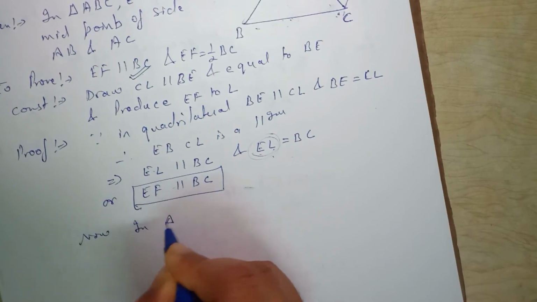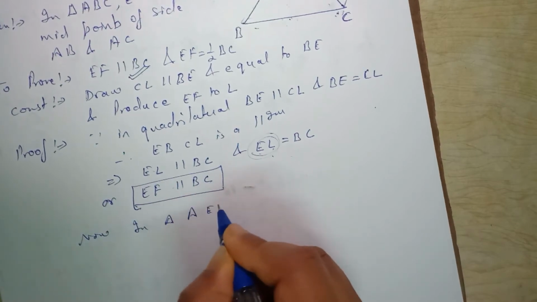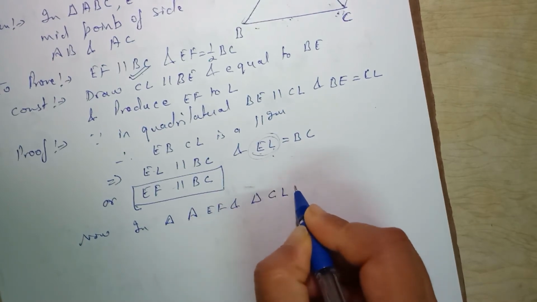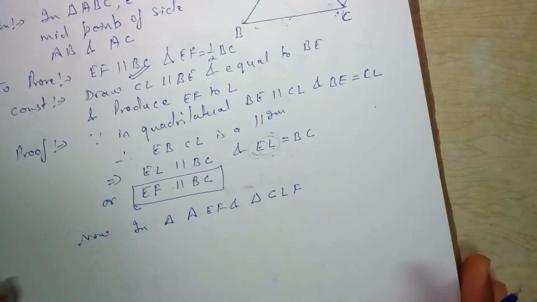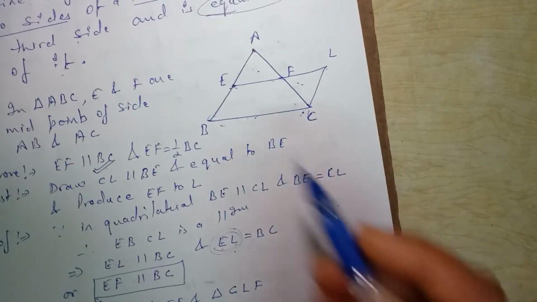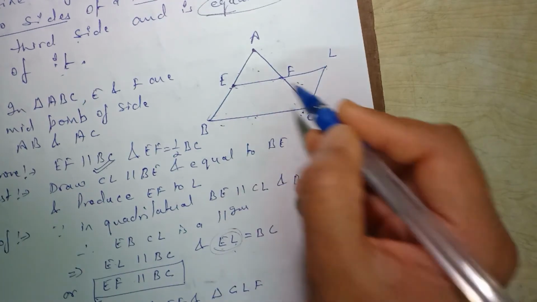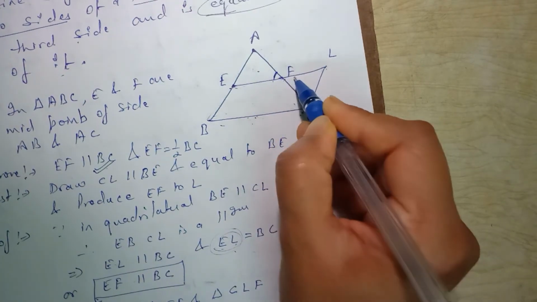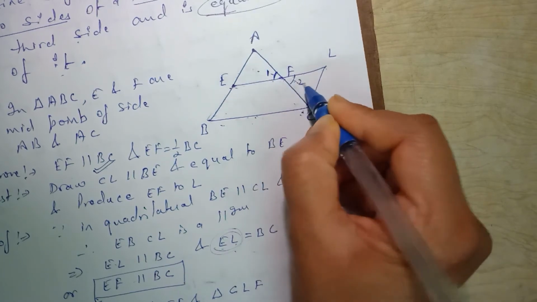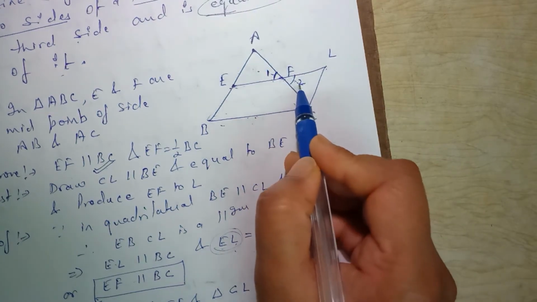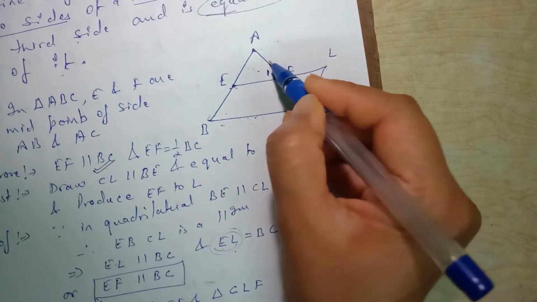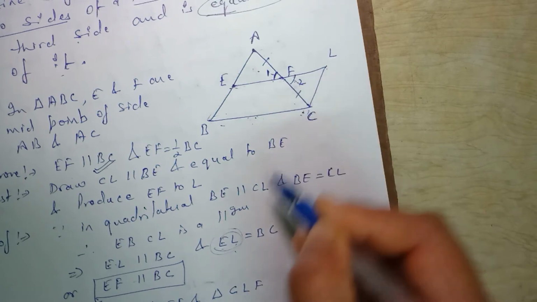In triangle AEF and triangle CLF, we have to prove these two triangles congruent. For congruency, here we can easily observe these two angles are equal. Why? Because they are vertically opposite. Angle 1 is equal to angle 2. Also, since F is the midpoint, we can say AF is equal to FC.